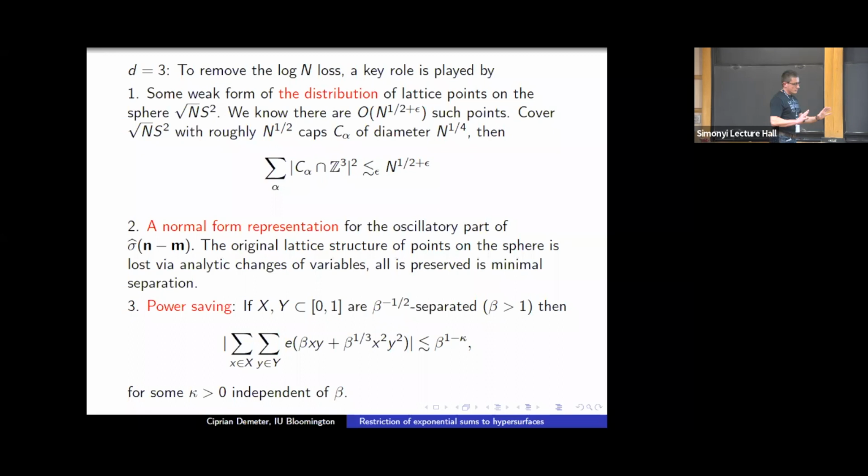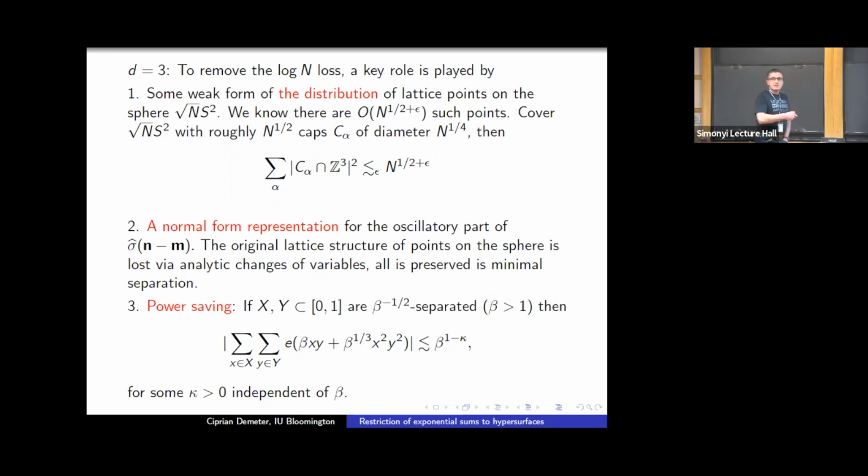And what you want to do is capture somehow the extent to which this distribution could be regular by covering the sphere with caps. So we have here roughly n to the 1/2 caps, each with this kind of diameter. You expect in a perfect world every such cap to contain one lattice point. Well, it's not the case typically.